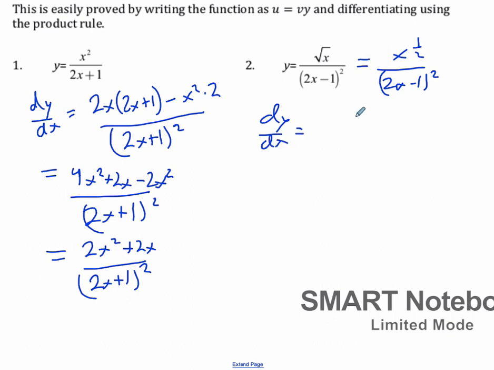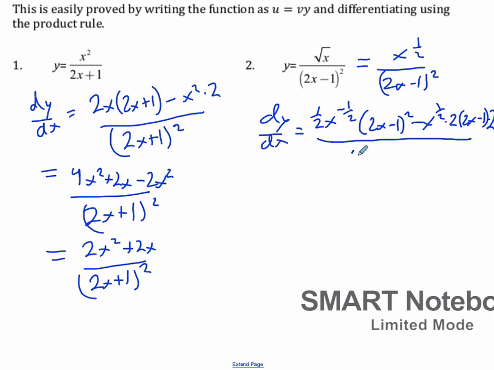So the derivative equals the derivative of the numerator, which is half x to the power negative half, times the denominator, which is 2x minus 1 all squared, minus the numerator times the derivative of the denominator, which is going to be 2 times 2x minus 1 times the derivative of what's inside the brackets, so you get another 2. That's all over the denominator squared.